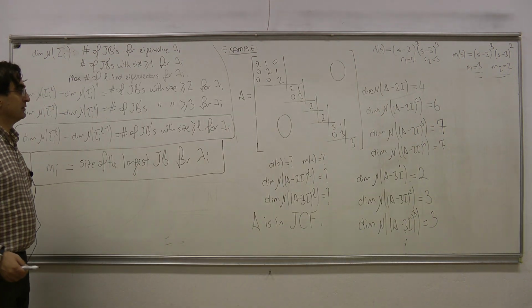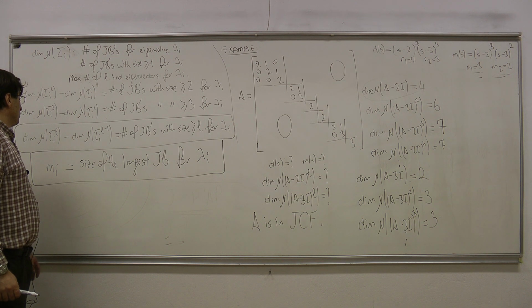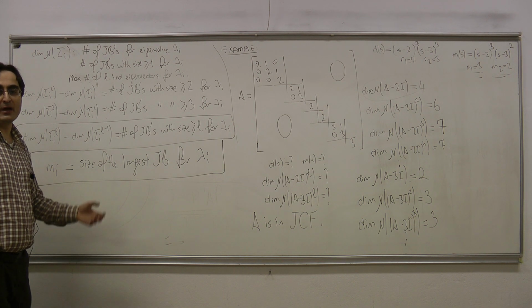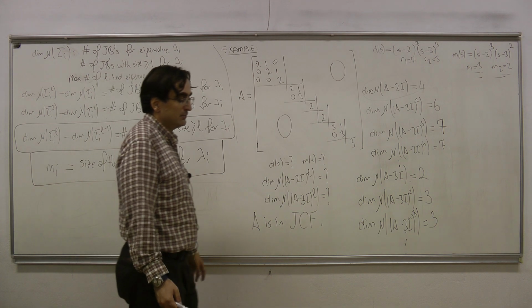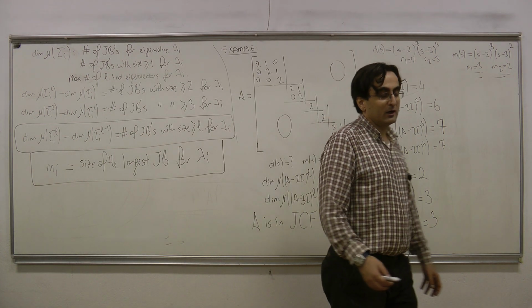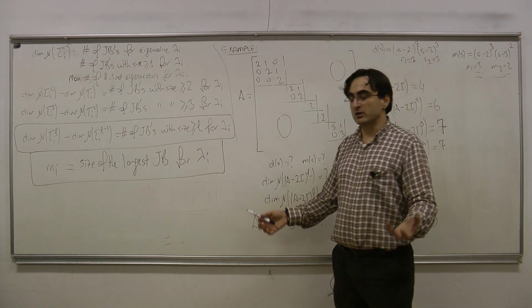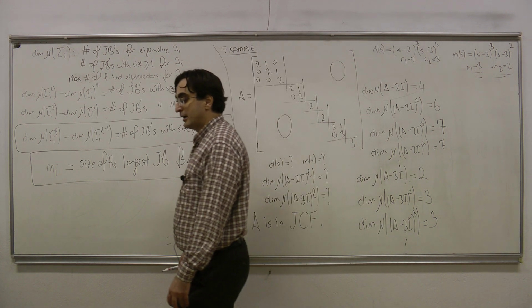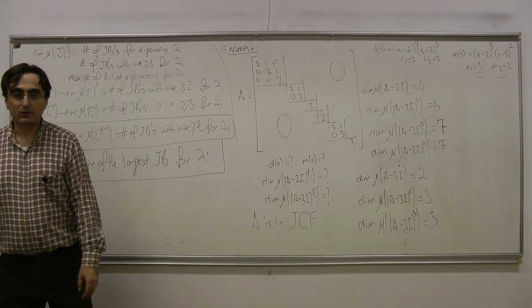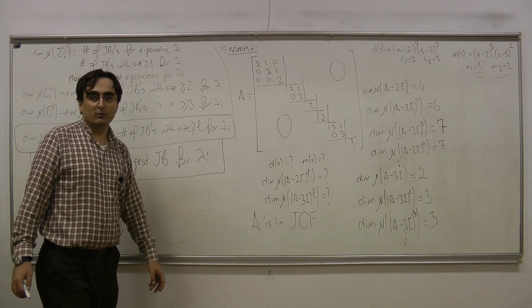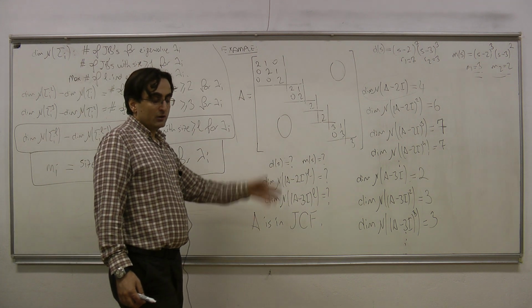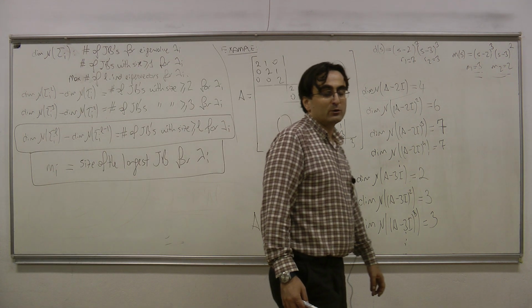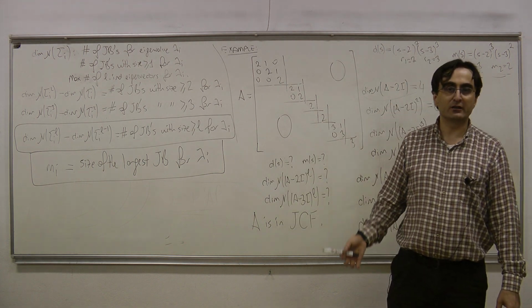So here, what is necessary for a matrix? Suppose that I am trying to understand if the Jordan canonical form of a matrix is diagonal or not. Sometimes, for diagonalizable matrices, the Jordan canonical form turns out to be diagonal. Okay?